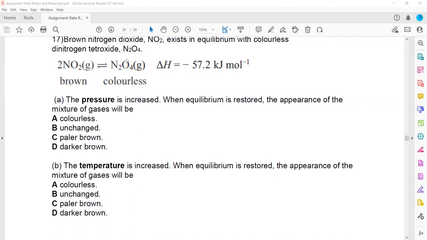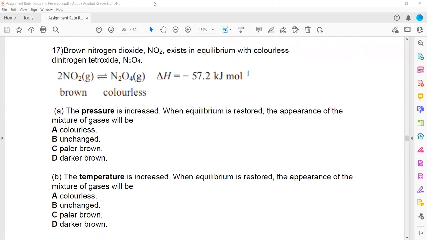In question 17, brown nitrogen dioxide exists in equilibrium with colorless dinitrogen tetroxide. If the pressure is increased, when the equilibrium is restored, what is the appearance of the mixture? If the pressure increases, the equilibrium will shift toward the right-hand side.